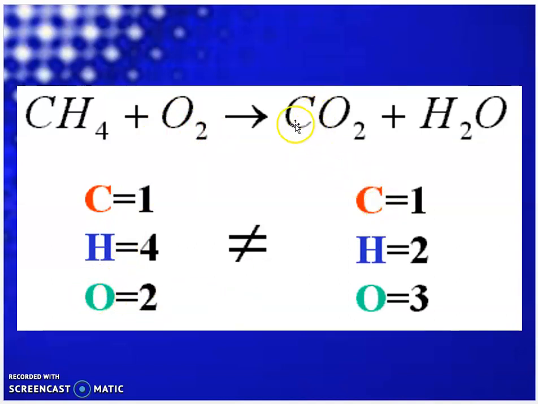On the right side, we have 1 carbon again, but we only have 2 hydrogens. The hydrogens are not equal. Oxygen on this side, there's 2 here, 1 here, so we add those together and we get 3. So this chemical equation is not balanced.